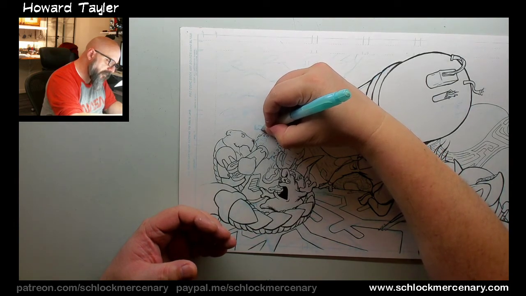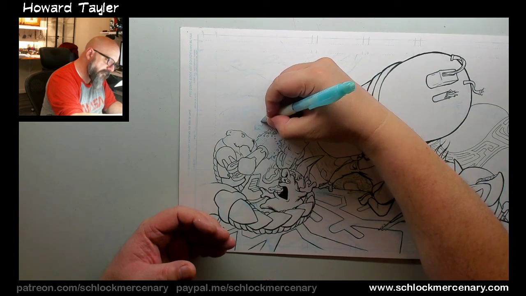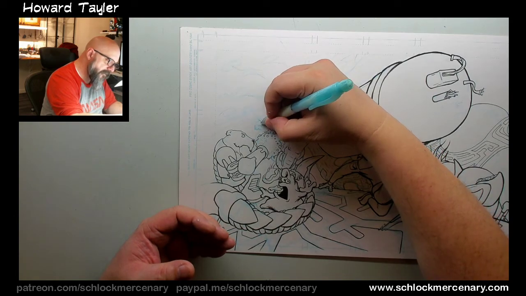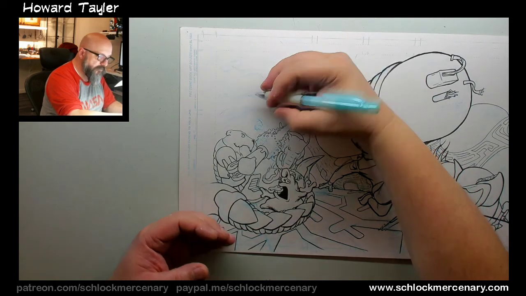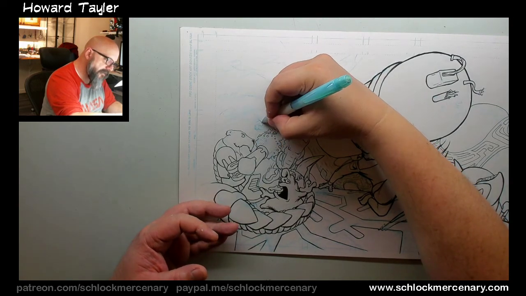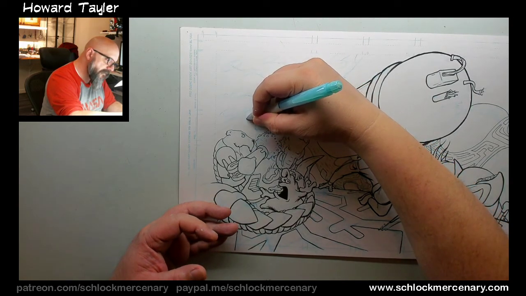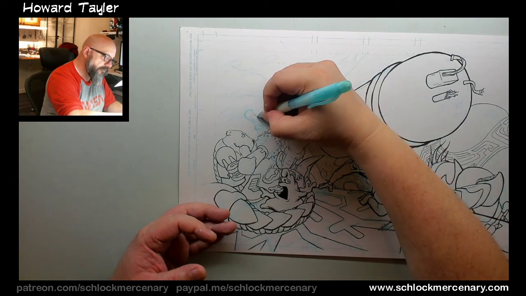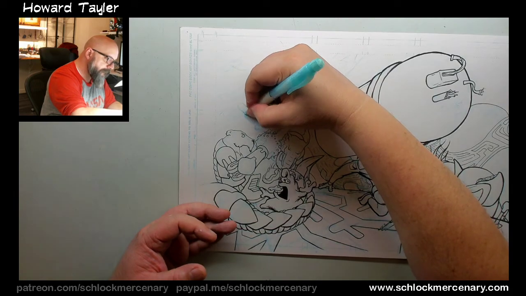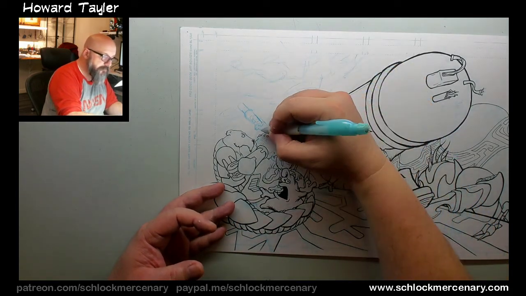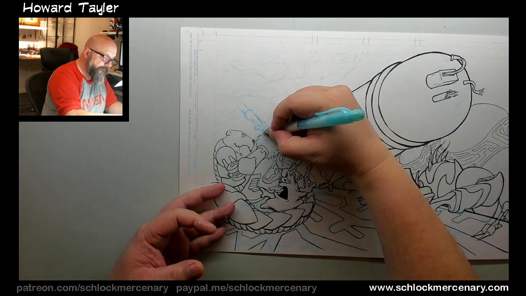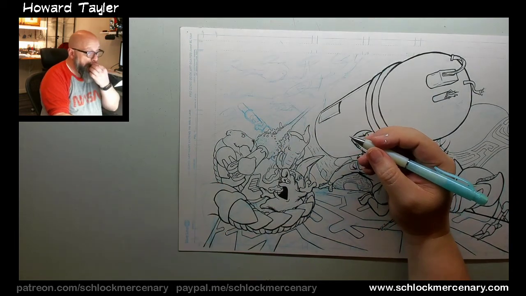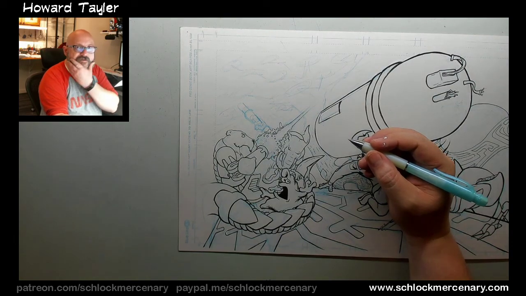Part of the problem is that it's angling away from us in such a way. That would be the trigger finger. And those fingers would completely disappear.